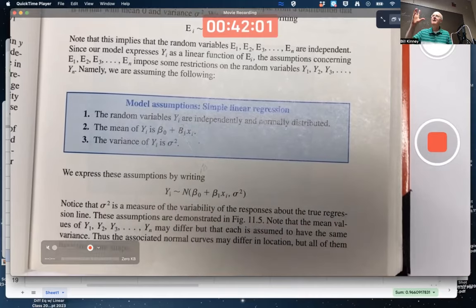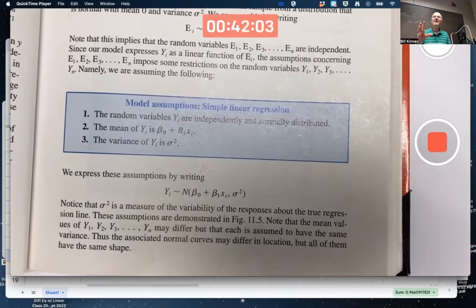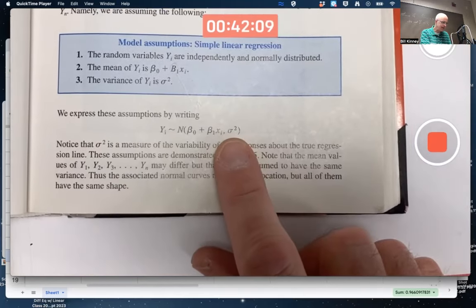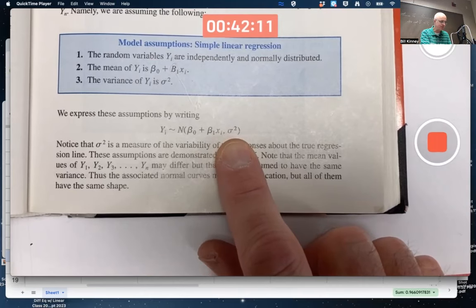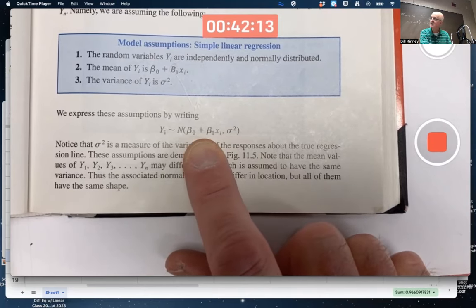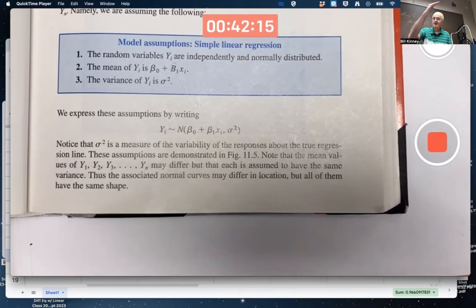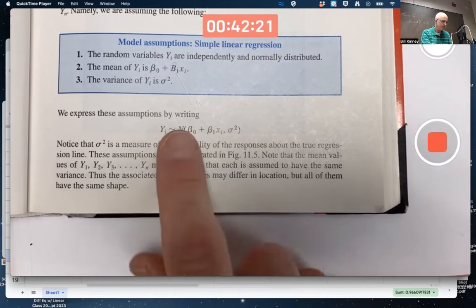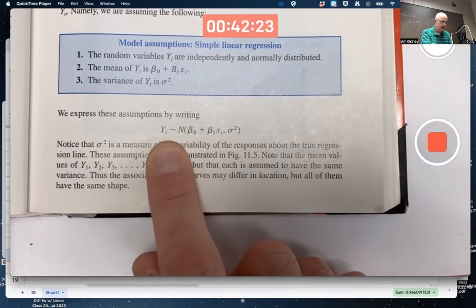We're talking about modeling the variation in the y values as x changes. The variance of each y stays constant, but the mean changes depending on what x is, because you have some line with some non-zero slope, possibly positive, possibly negative, telling you how the mean of y is changing.